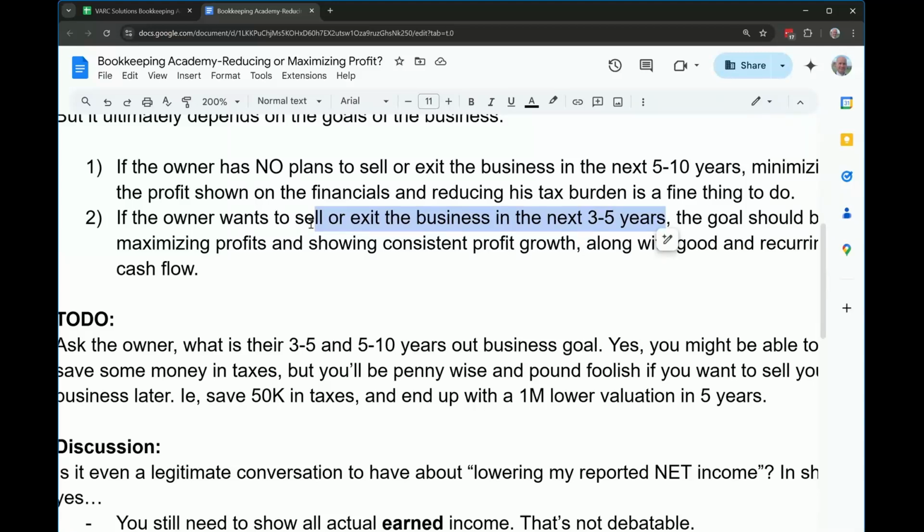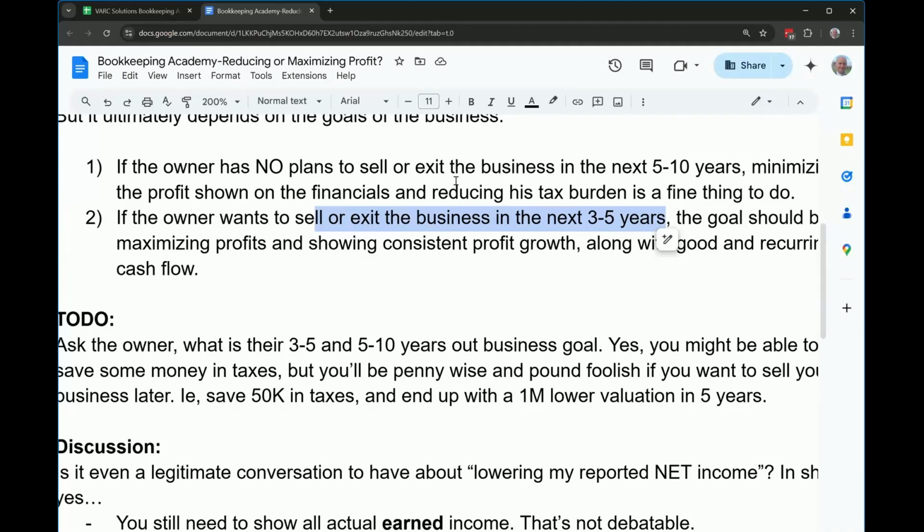You might be like, look, I just want to be able to hand this off to my kids. Okay, different goal. In that case, your long-term focus might be tax savings, and that's totally fine. So if you've heard anything in this, know that both objectives are legitimate objectives. Question is, what is the goal of the owner?